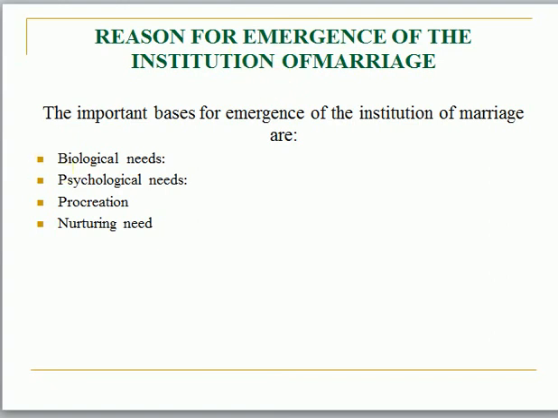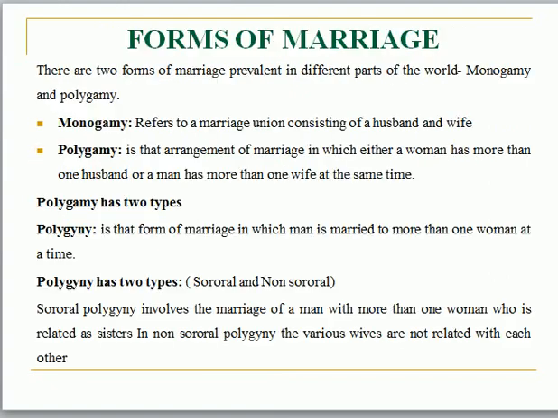Now we are going to the next stage, forms of marriage, or the different types of marriage taking place around the world. We are going to discuss which is more prevalent and dominant all over the world. There are two forms of marriage in different parts of the world. One is called monogamy, another is called polygamy.